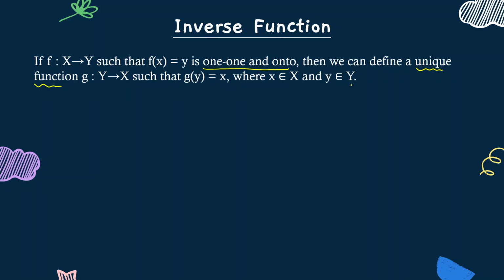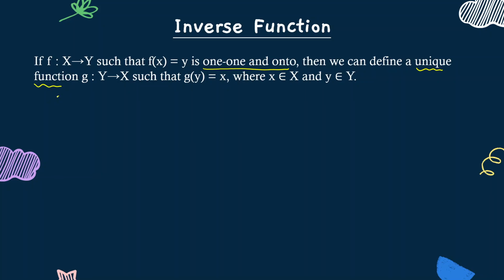So if your function is both 1-1 and onto, then there exists a function which works in the reverse or inverse way. If f of x is equal to y, then g of y is equal to x.